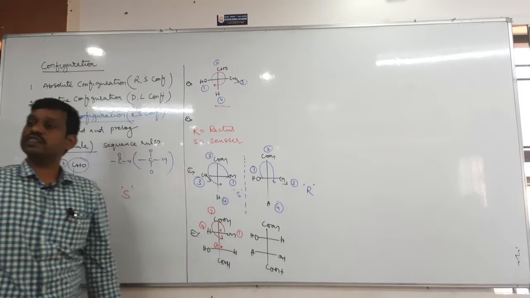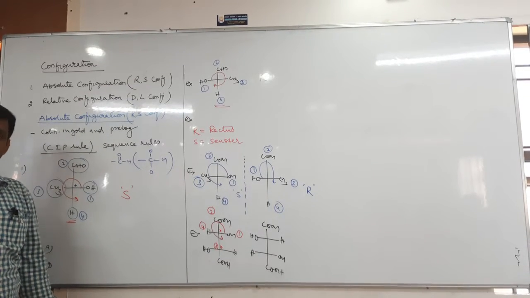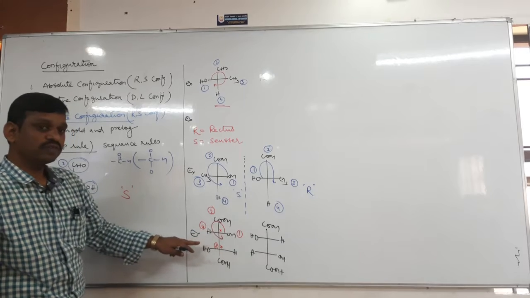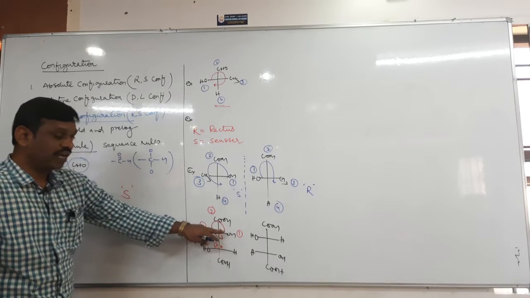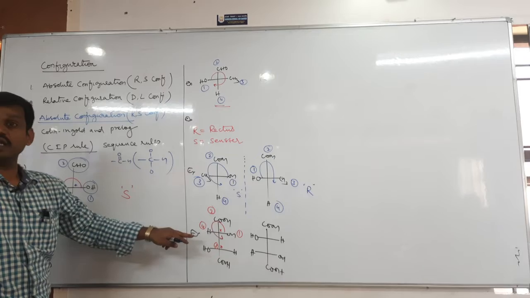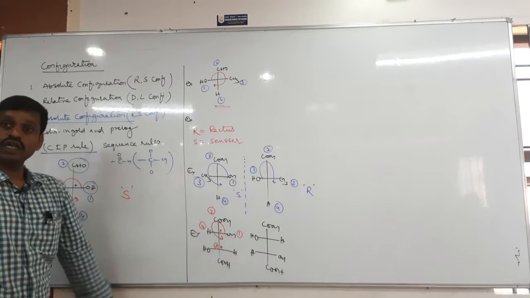Now tell me, it is anti-clockwise. If it is anti-clockwise, it should be S, but where is the fourth priority group? The fourth priority group is on the horizontal line, it should be on the vertical line.